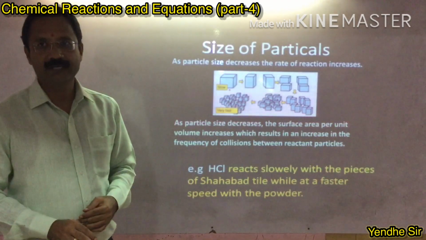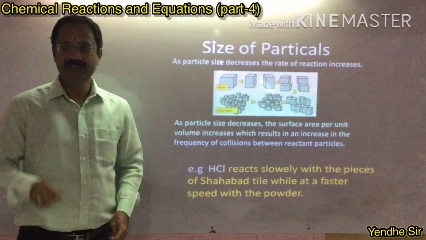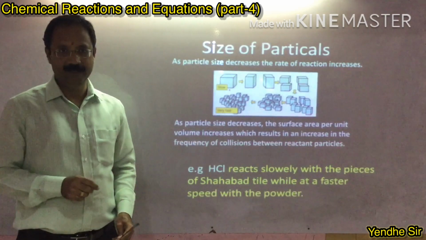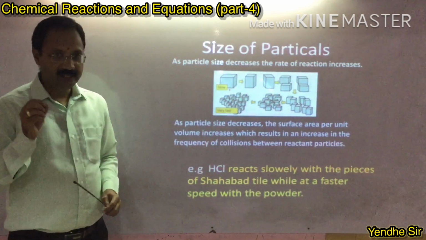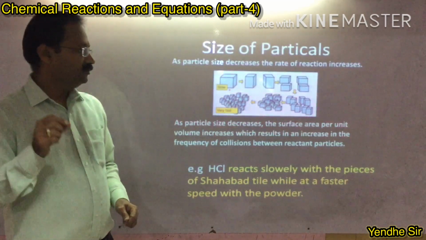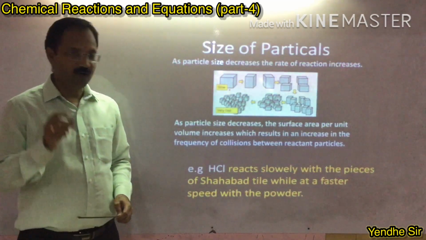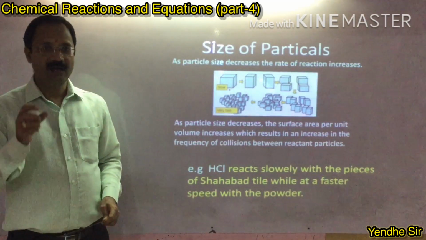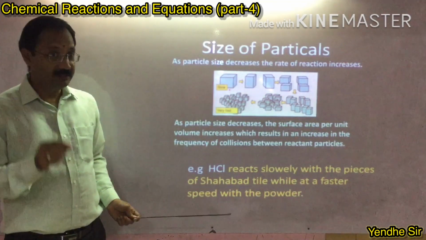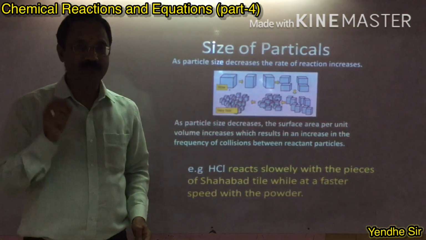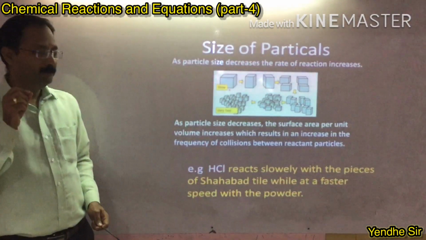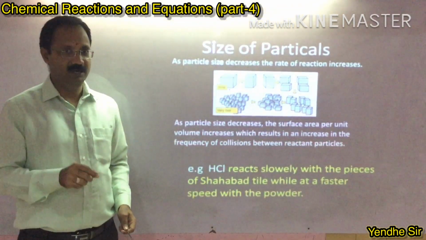Therefore, the rate of reaction depends upon the size of the particle. And this is one example. HCl reacts slowly with the pieces of Shahabad stone, while it reacts faster with the powder of Shahabad stone.